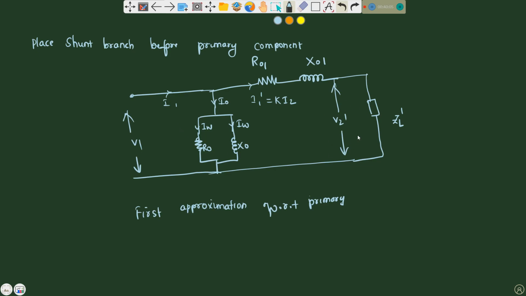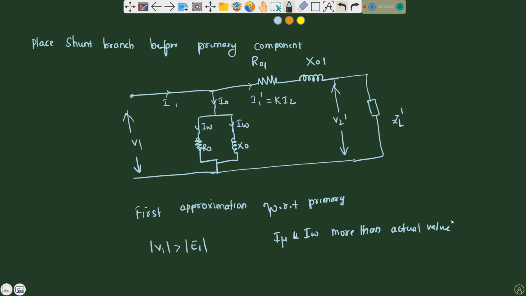So here the magnitude of V1 will be greater than the induced EMF magnitude. Therefore I naught is overestimated here. That means I mu and IW are also more than the actual value. Understood?